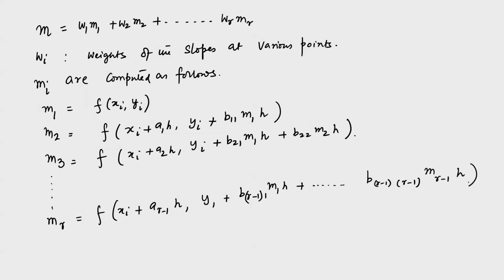So, it uses all the previous slopes that are computed, and if you wish to write it in a compact form, you can write it like this. Let me write that.